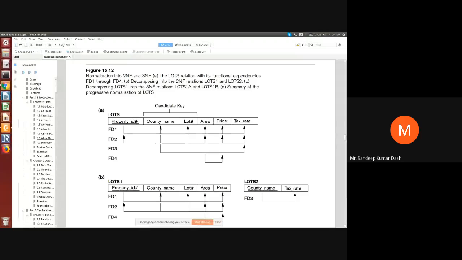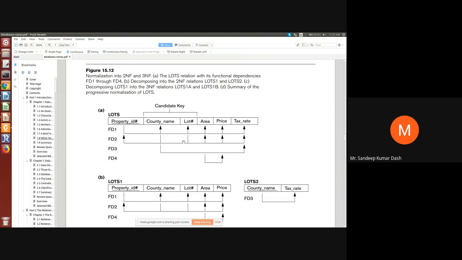Okay. First, you have to identify that thing, which are prime and which are non-prime, because the definition says that every non-prime attribute should be fully functionally dependent on the primary key or any key of R. So how many dependencies are there? FD1, FD2, FD3, FD4. 4 dependencies. Now you have to check which functional dependencies are full functional and which are partial functional.